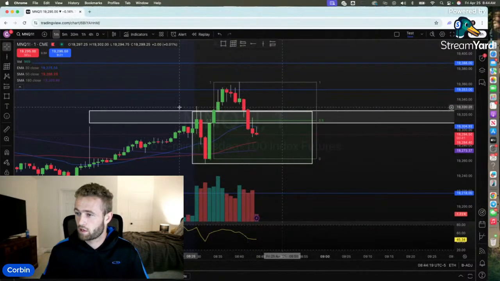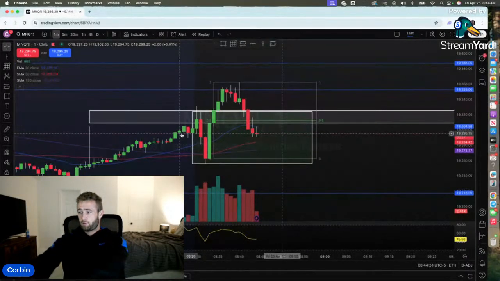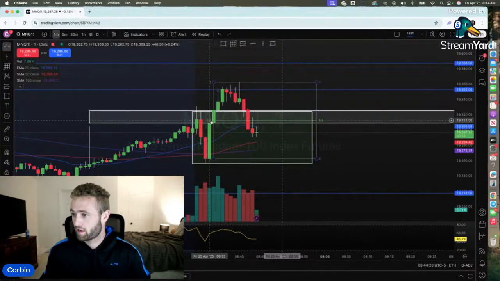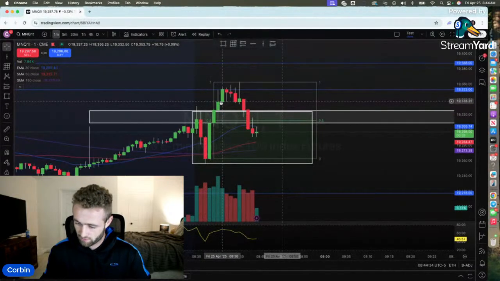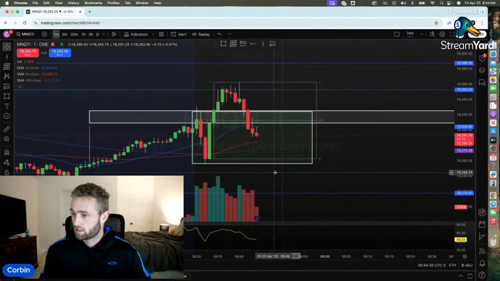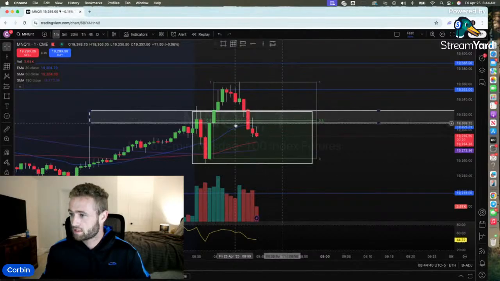But the breaker block is invalid. Since it broke through that, it obviously made an inverse fair value gap right here where it disrespected this bullish fair value gap. So odds are price is going to continue to move to the downside.